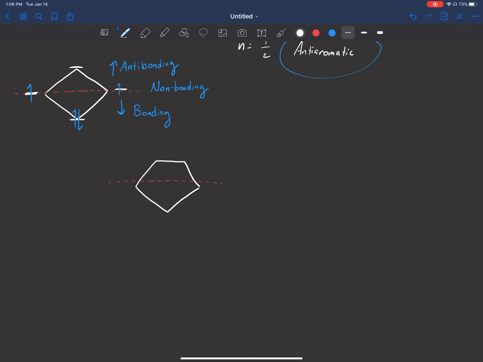This is why I drew the ring upside down instead of drawing a 5-membered ring like this. If you drew the 5-membered ring like this, and we put, let's say, the dashed line right there, you have 2 corners, each would get their own orbital, and if those are the bonding orbitals, right, then we'd have 2 here. But that's not correct, we have 3. 1, 2, 3.